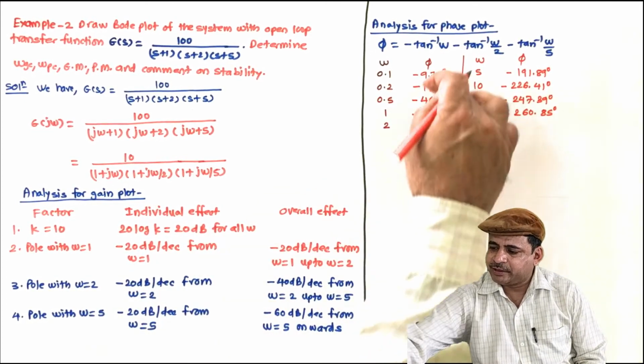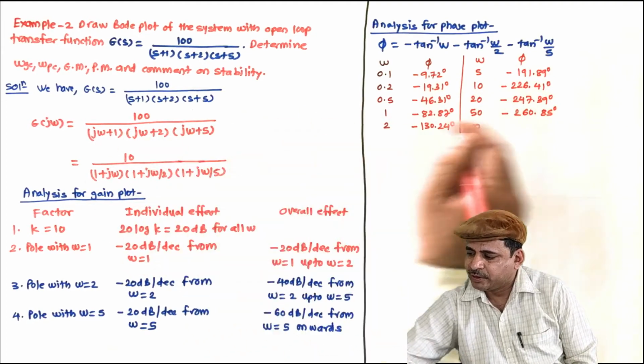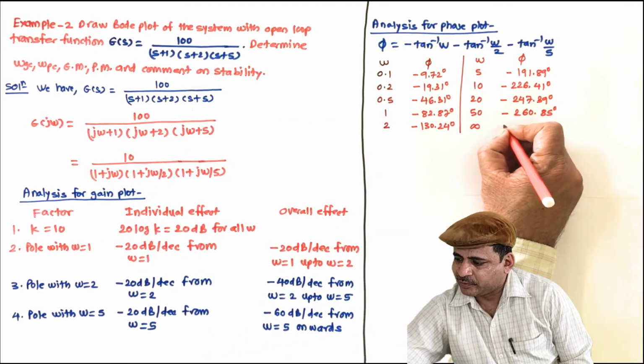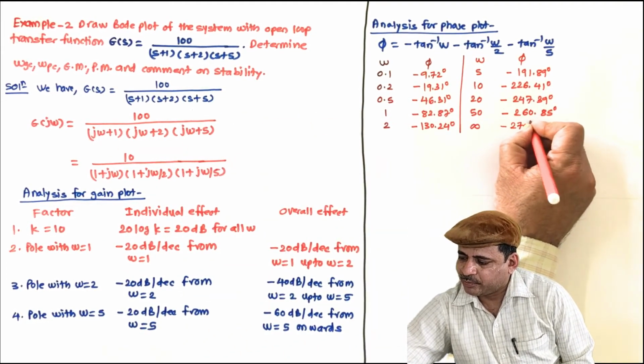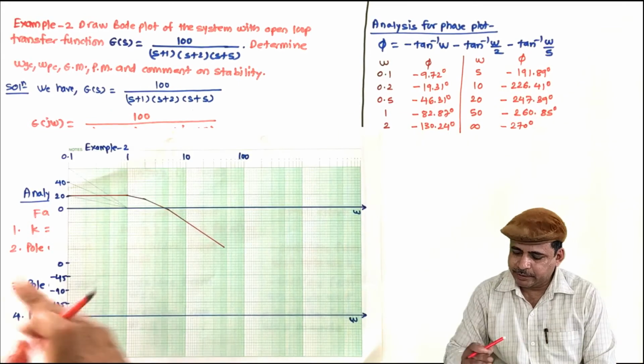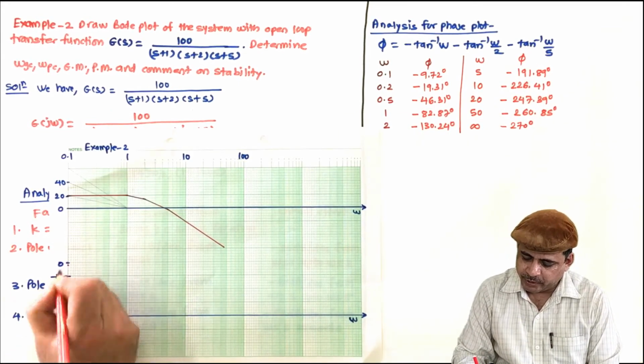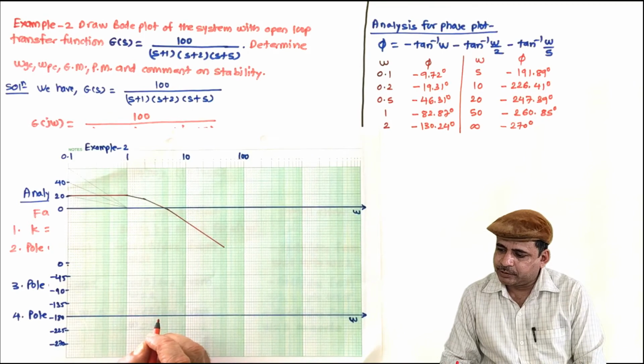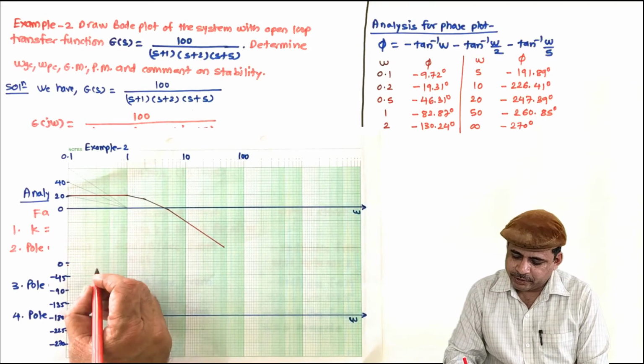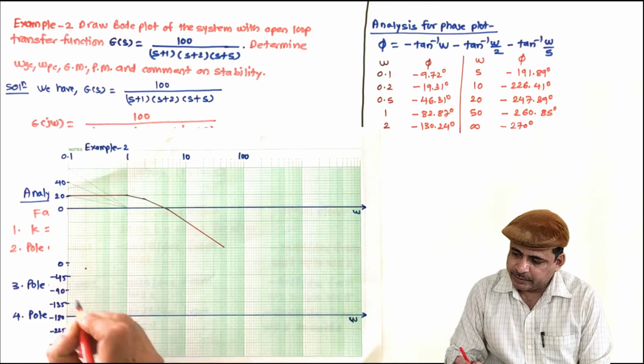We cannot plot these exact values because of the large scale on the graph. So it is 9.72 up to this point. Then at 0.2 it is 19 here.